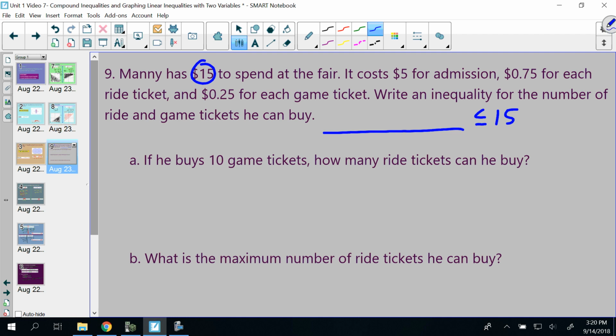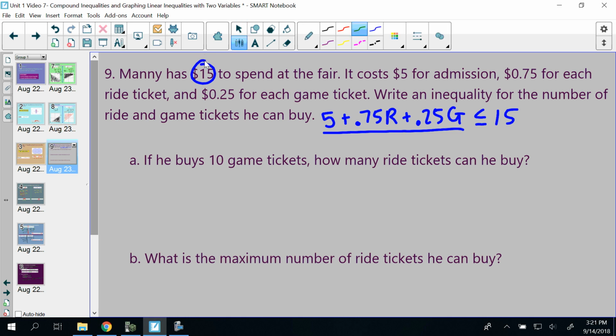All the other stuff needs to be less than or equal to the $15. What it costs to go in is $5. That's a one-time cost, so we don't need any variables there. Plus, if he wants to go on any rides, that's going to be 75 cents per ride. Plus, game tickets are 25 cents, so 25 for each game. And all that stuff needs to be less than 15.